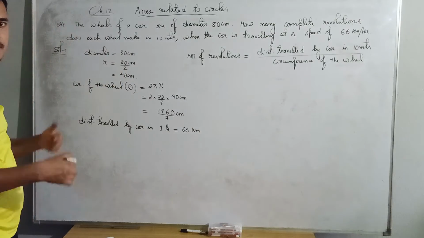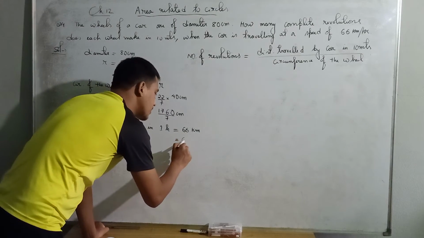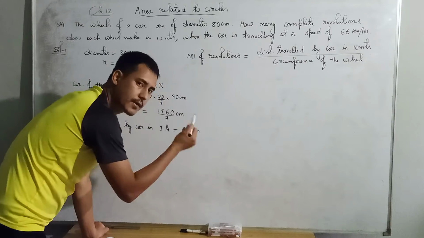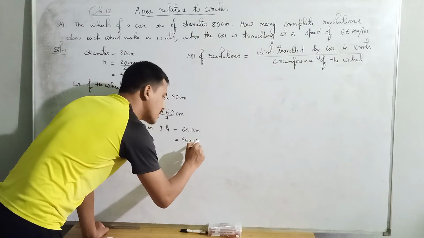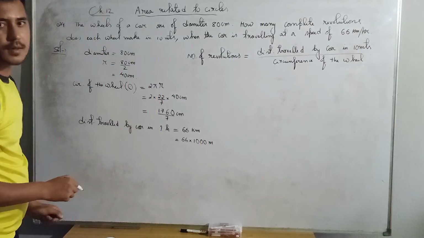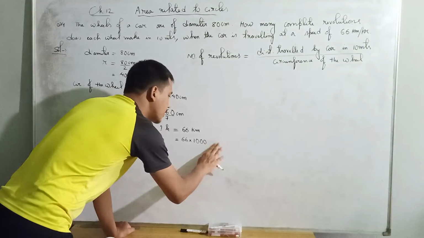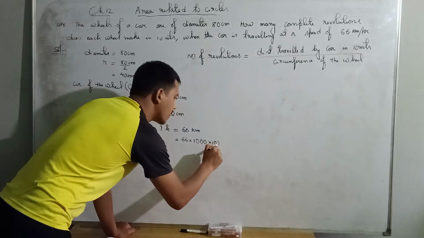We can express it in terms of centimeter. 66 kilometer, if you convert to meter, is 66 into 1000 meter. If you further express it in centimeter, you multiply with 100.